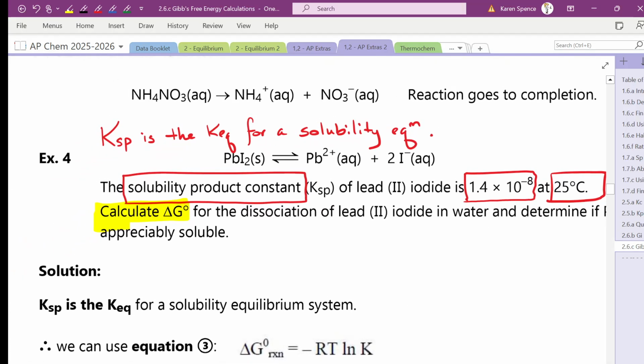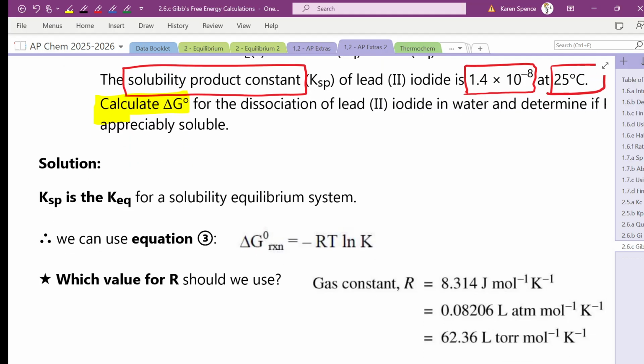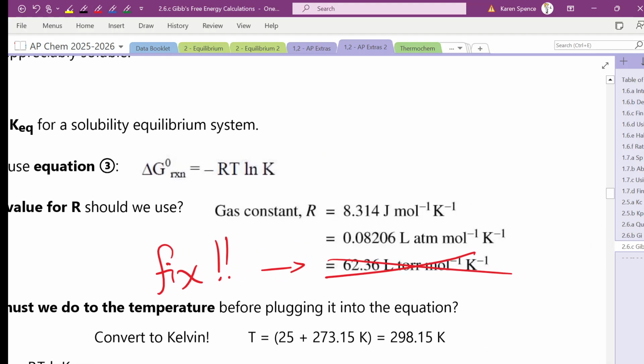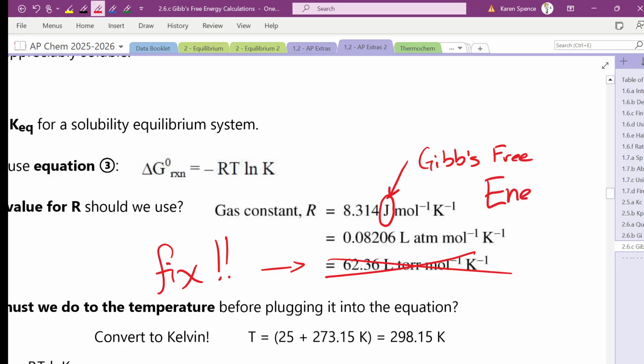So here is our delta G naught is equal to negative RT ln K. And which value for R should we use? We're not even given this one anymore, so I'm going to get rid of this. We're going to fix that. We're going to use this one because we're dealing with Gibbs free energy, therefore joules.